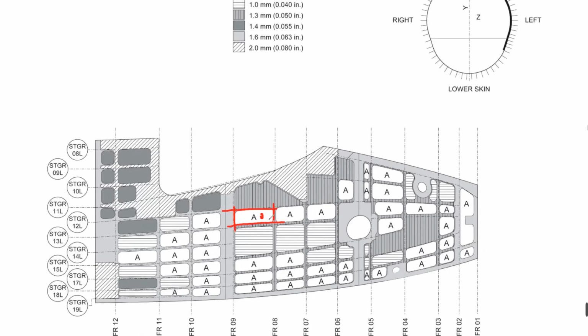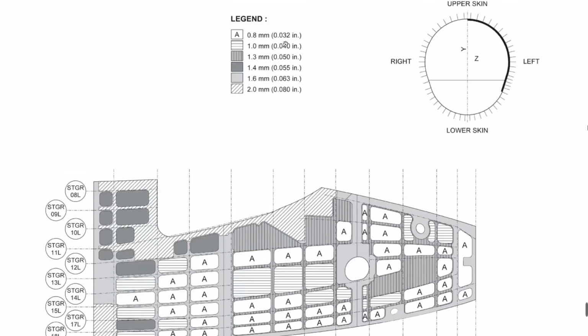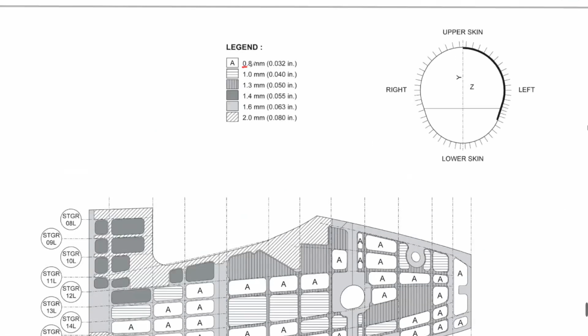Also in this SRM, structural repair manual, you have these different colors, different shading of the skin panels. So if you have a dent here, you see that we have this A panel, and you can check what the skin thickness is. So here, the skin thickness is 0.8 millimeters.